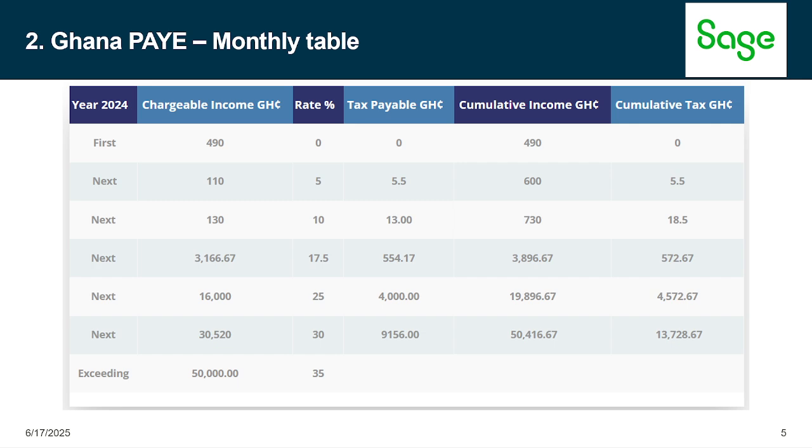Next, if you still have a balance, we take it to the next row and tax it at 25%, up to when your income is about 50,000, then whatever is left is taxed at 35%. We don't have any rate above 35%. So that's basically how the tax table works.